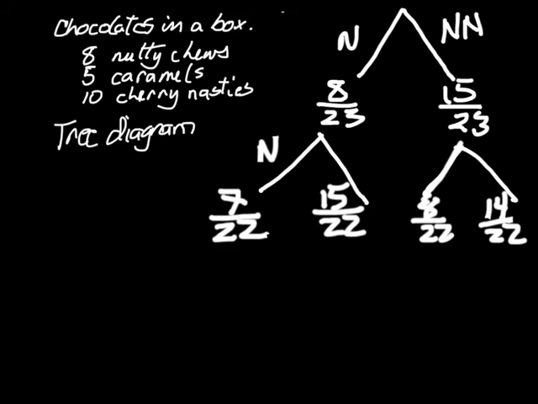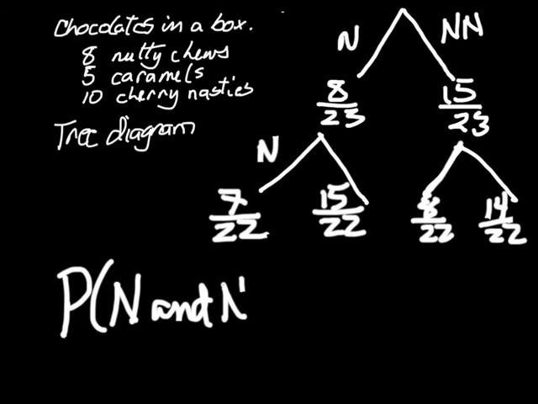And so what I want to do is find the probability of getting a Nutty Chew and then another Nutty Chew. So this is an AND problem as well, but it uses what we call dependent events. Now, why are these events dependent? They are dependent because the probability changes.